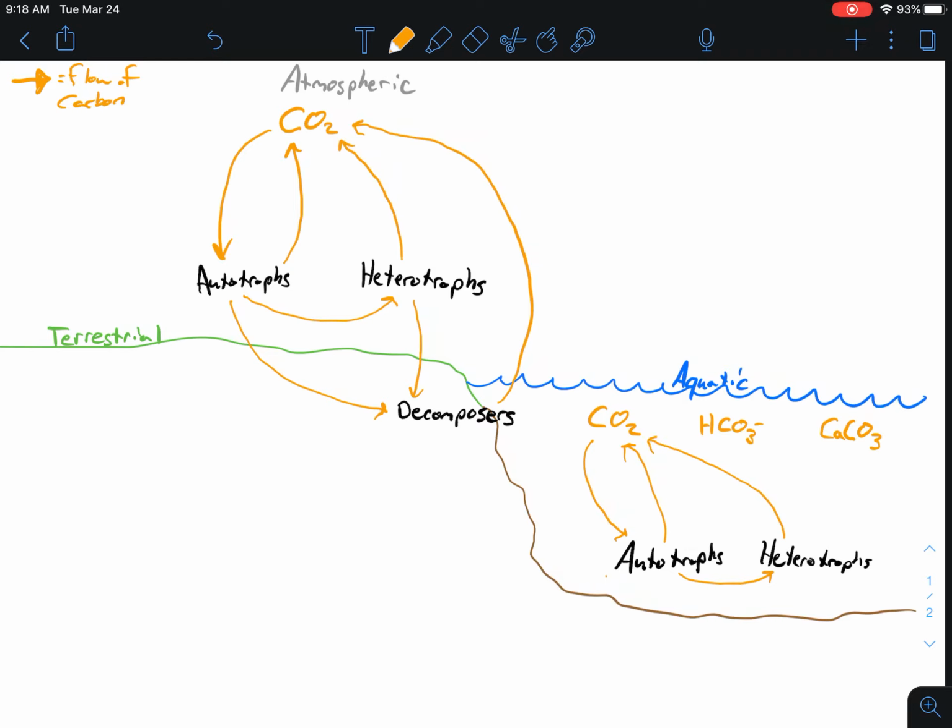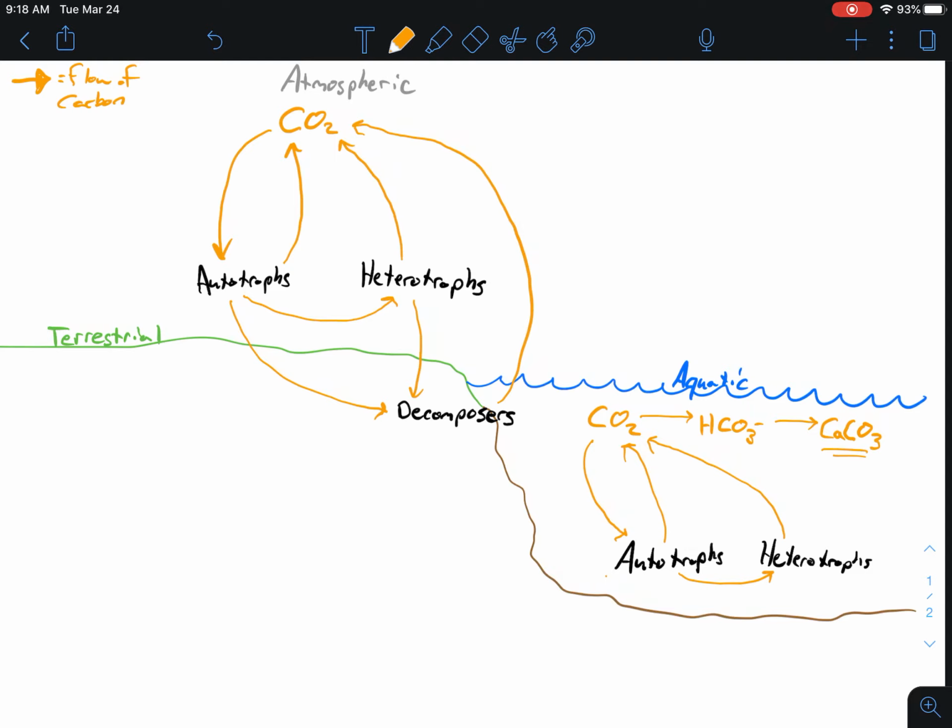The additional complication you had to pick up yesterday in your notes was that much of the carbon dioxide in the water is converted to bicarbonate ion, HCO3-. Much of that can then ionically bond with calcium in the water to become calcium carbonate. That calcium carbonate can then become part of mollusk shells like clams and snails.